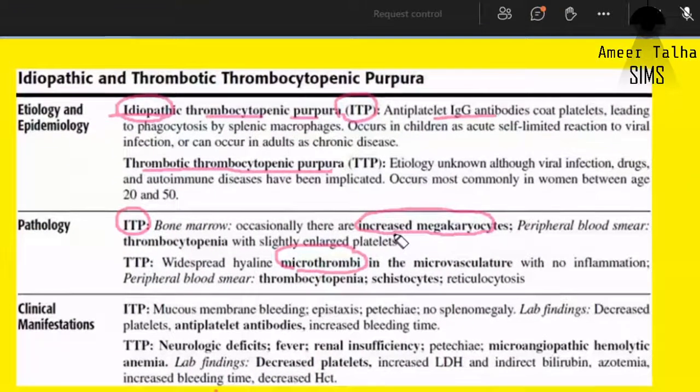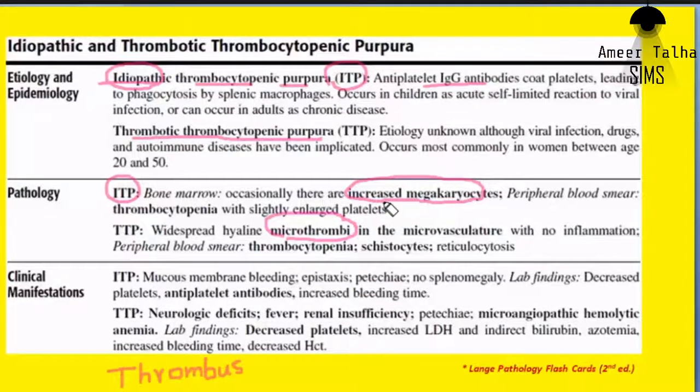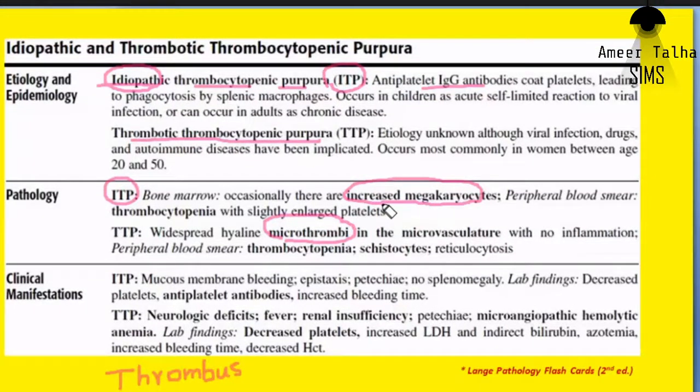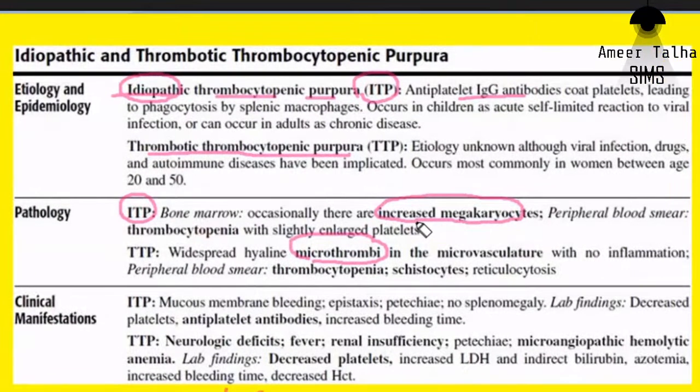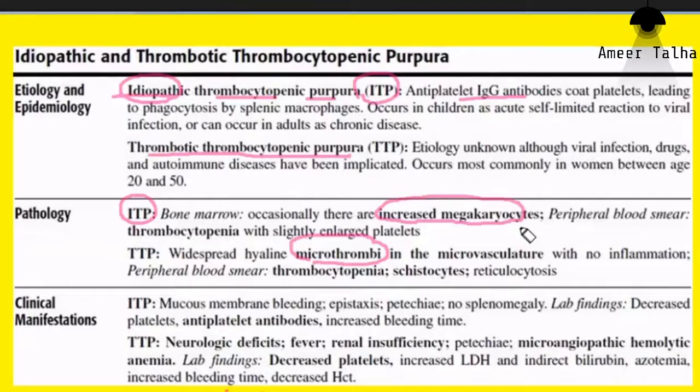These are the precursors of thrombocytes, the precursors of platelets. Since the thrombocytes are deficient, the penultimate step is formation of megakaryocytes. The levels of megakaryocytes will be on the higher side. Decreased platelet count and increased megakaryocytes in patients of ITP.